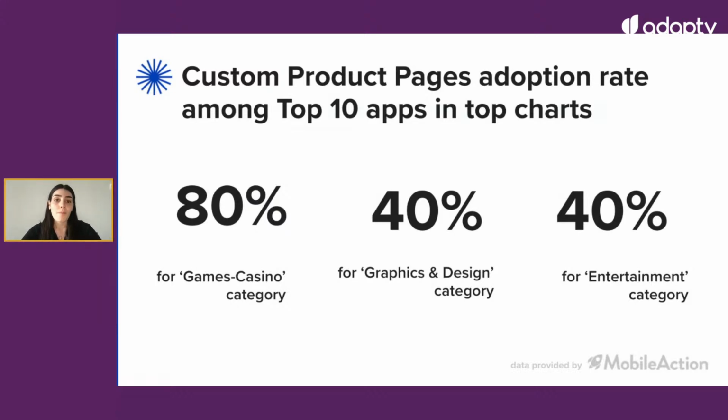But the answer is custom product pages adoption rate among those apps for some categories is very, very high. For example, we have 80% for casino apps, 40% for entertainment apps, and 40% for art and design apps. So as you can see, top brands have already been leveraging custom product pages to accelerate their Apple Search Ads efforts.